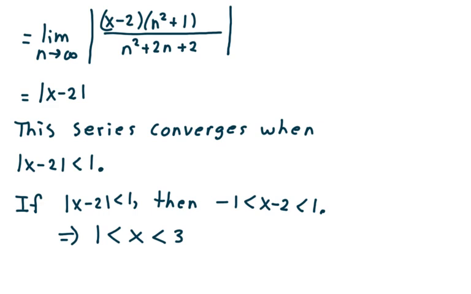Now, we have to check the endpoints. So I'm going to plug in x equals 1 into the original series. And when I do, I get the summation from n equals 1 to infinity of (−1)^n divided by n squared plus 1.